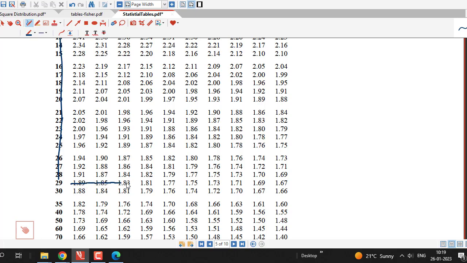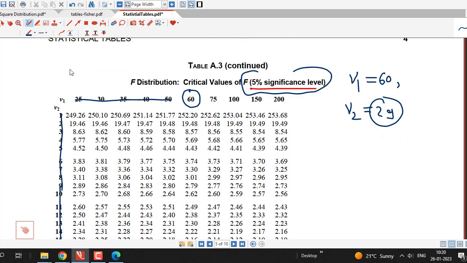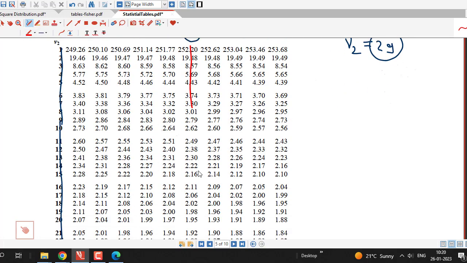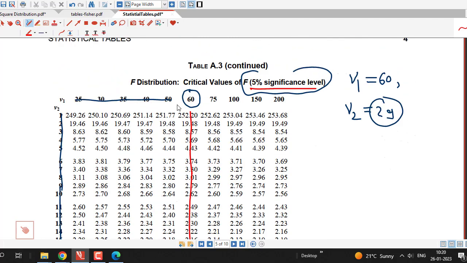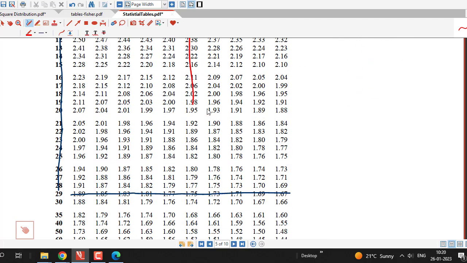So now I will consider this row, and here I will go down until I obtain that row. We have to take the intersection of the column corresponding to 60 degrees of freedom and the row corresponding to 29 degrees of freedom, and now we find the point of intersection of these two lines.